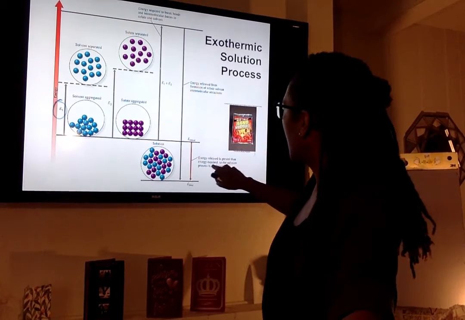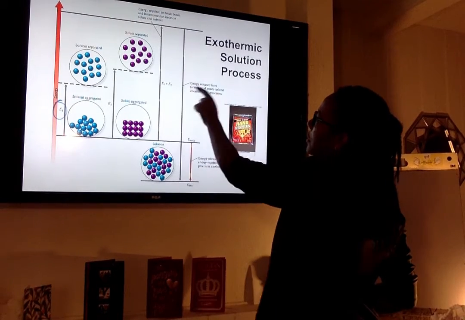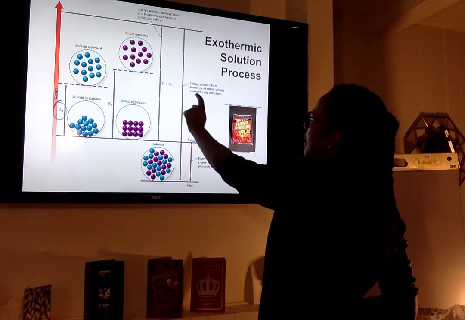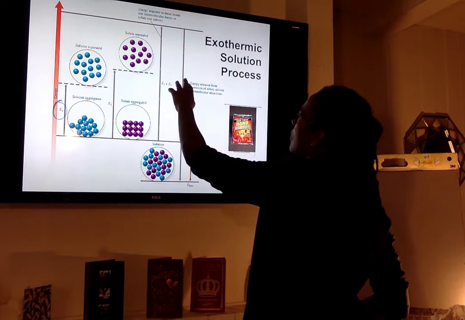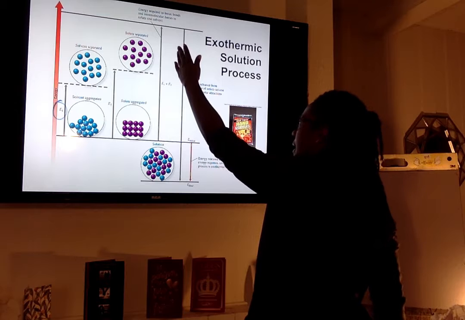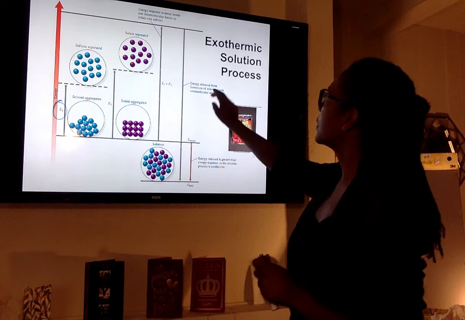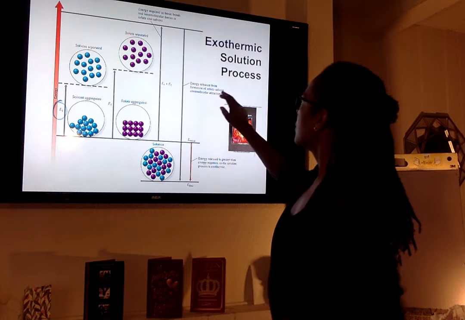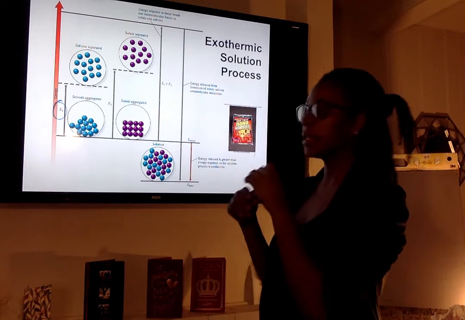Then you know that this is going to be exothermic, because this is the energy released from the formation of the ion dipole bond. So the energy released from the formation of the solute-solvent intermolecular attractions, that's that new ion dipole.